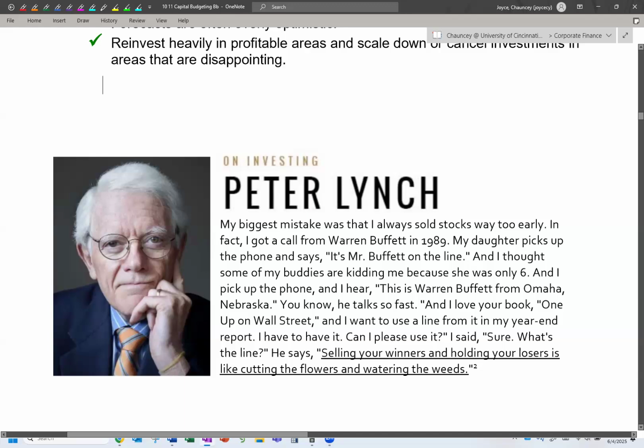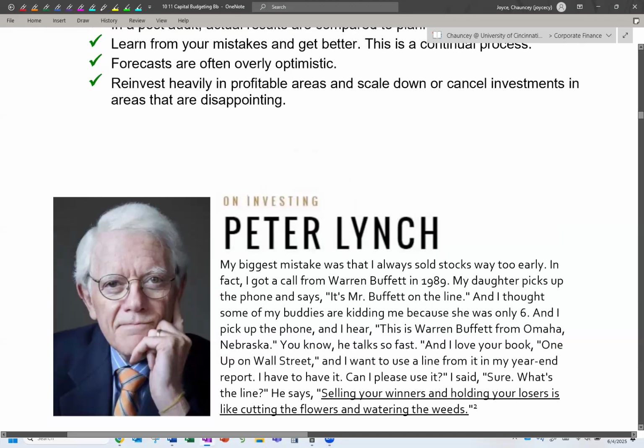And the reason this resonated with me, despite the fact that they're talking about stocks in this quote, is it also works with capital budgeting projects. When we invest so much into a capital budgeting idea, sometimes we just want to invest more because we've already had so much invested in it. So we don't really tend to reinvest heavily in the profitable areas and scale down or cancel investments in the areas that are disappointing.